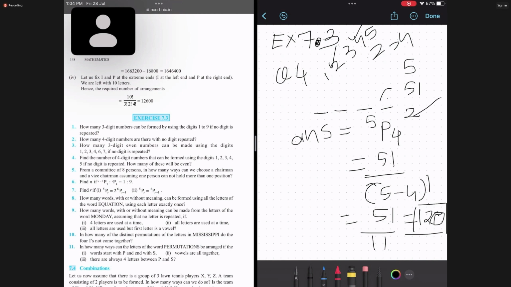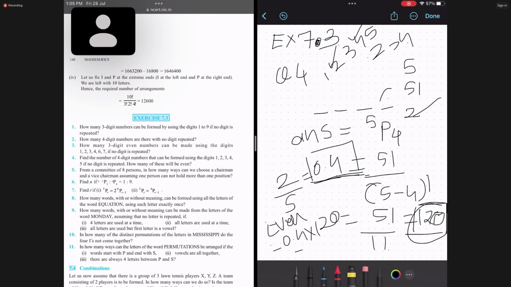So the probability that the number we generate is even is 2 upon 5, which is 0.4. Correct. Now that you have obtained this fraction, you multiply 0.4 by the total number of generated numbers. So even numbers would be 0.4 into 120, and that is 48.